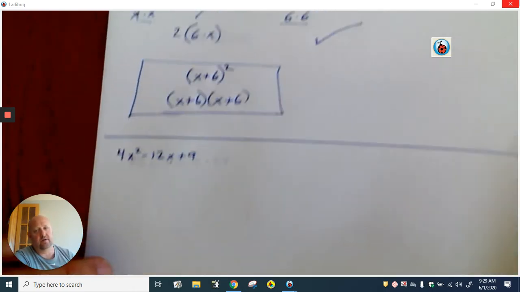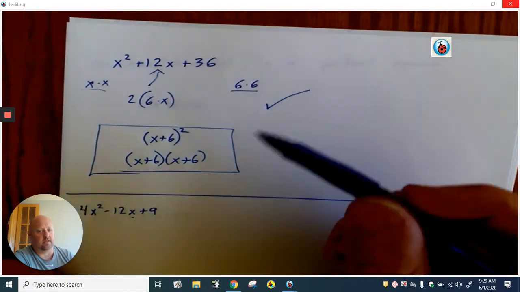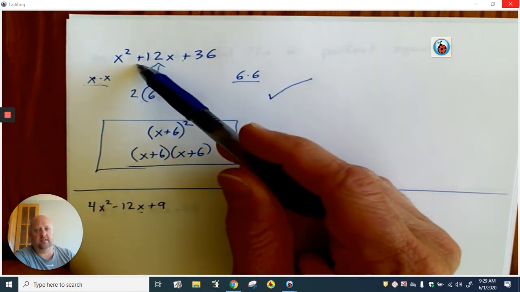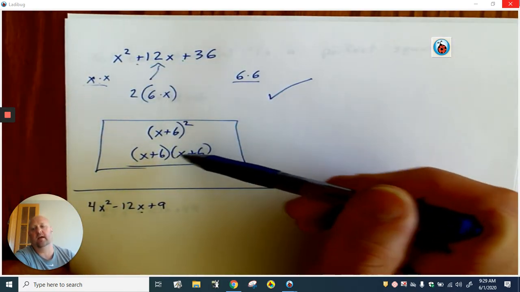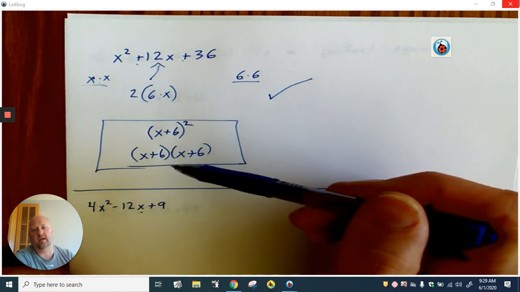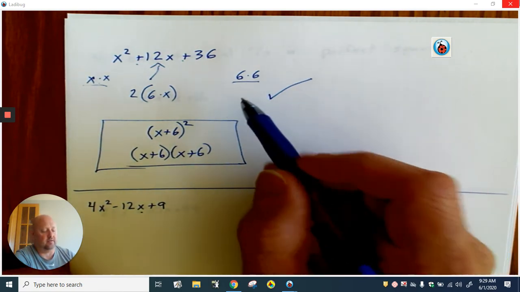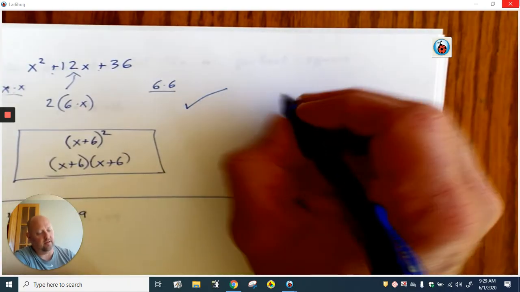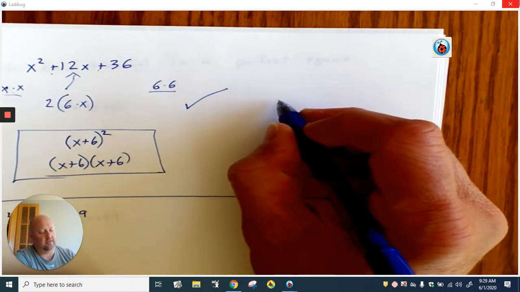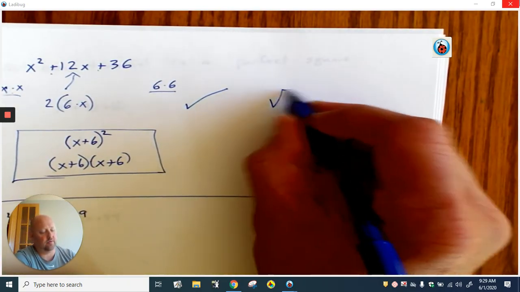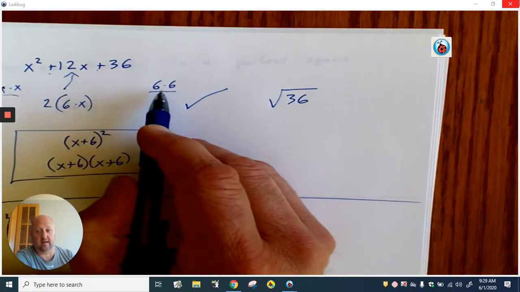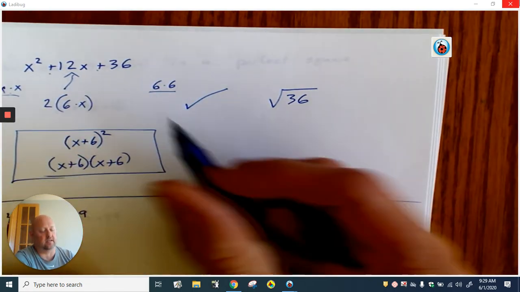Now, it is important to notice, like in this one, both of these signs were positive, which told me my two signs were going to be positive. The one thing we have to be conscious of is when you take the square root of 36, that's how I got that 6, right? 6 times 6 is 36.